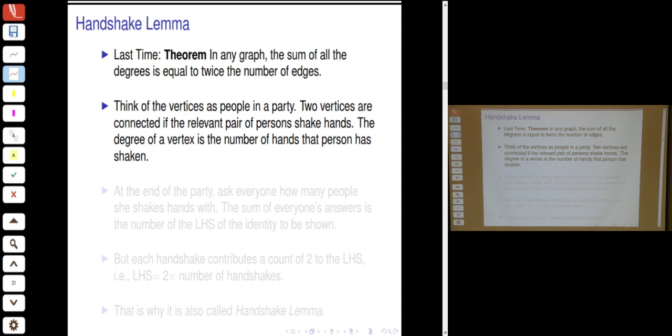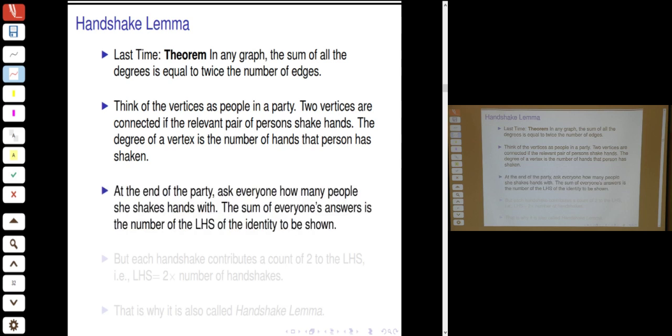So 2 vertices are connected by an edge if these 2 persons shake hands. A person will be connected to all the other people with whom he has shaken hands. So the degree of a vertex, which represents a particular person, is equal to the number of handshakes which this particular person has done in the party. Okay?